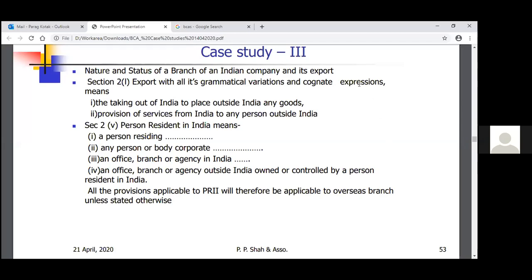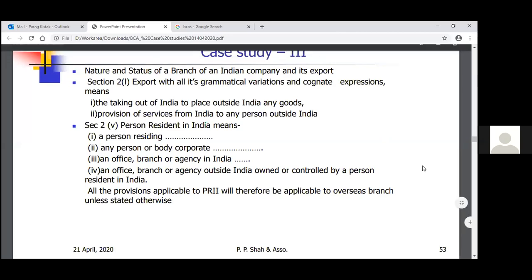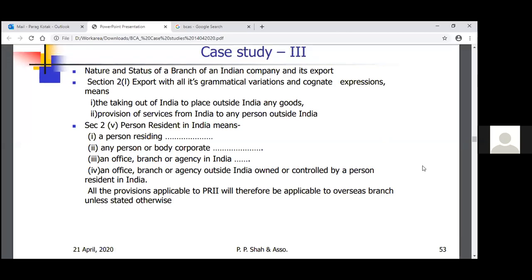Now, very interestingly, the definition of export of services says provision of services from India to any person outside India. So therefore, a provision of services by an Indian company to a branch probably will not be treated as an export of services.